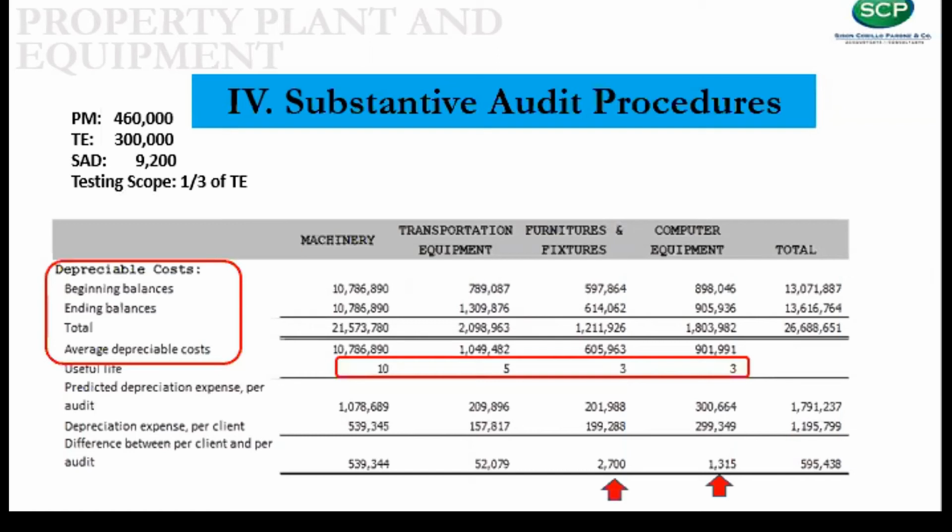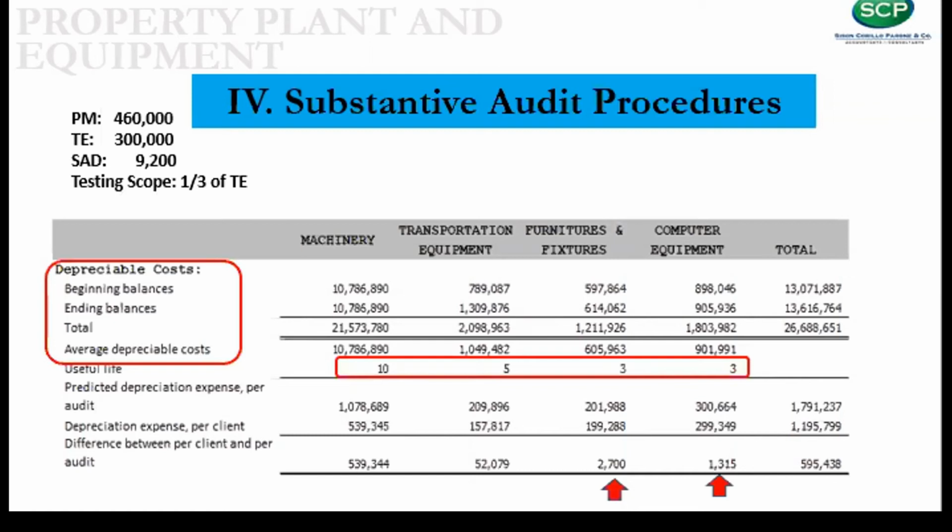Both these amounts are below our de minimis or summary of audit differences threshold of 9,200 pesos. Accordingly, we can conclude already that the depreciation expense for furniture and fixtures and computer equipment are reasonable and no further investigation or audit procedure needs to be additionally performed on them.